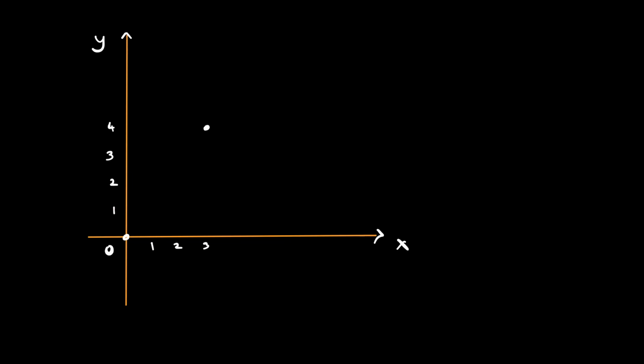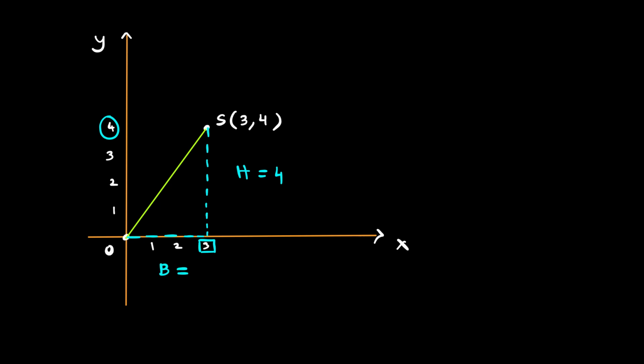And this particular point, let's call it S. The coordinates of S are (3, 4). I'm drawing a straight line from origin all the way till S. So now I can see that the height of this right angle triangle is 4 units. That's the y coordinate. And the base of this right angle triangle is 3 units. That is the x coordinate.